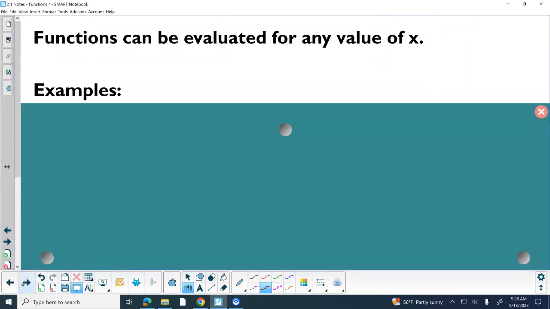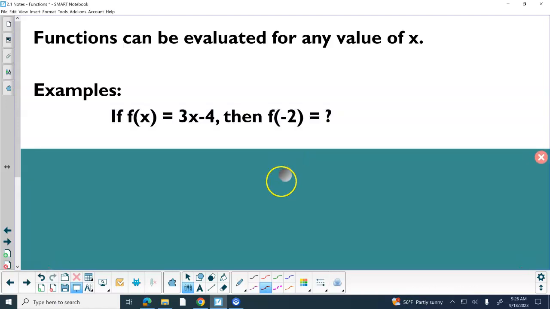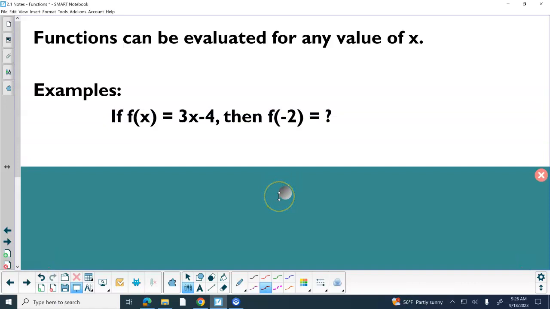Love it. Okay? So we can then also evaluate functions for any value of x. For instance, what I mean by that is, here is a function. Now this is function notation, f of x. So we have a function whose independent variable is x.